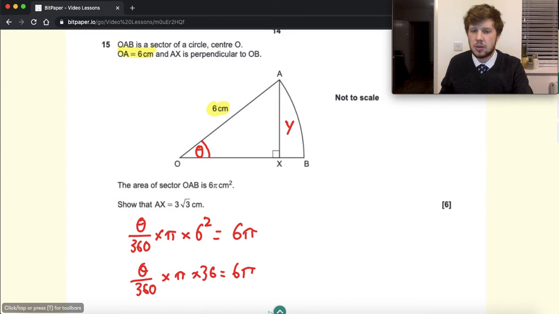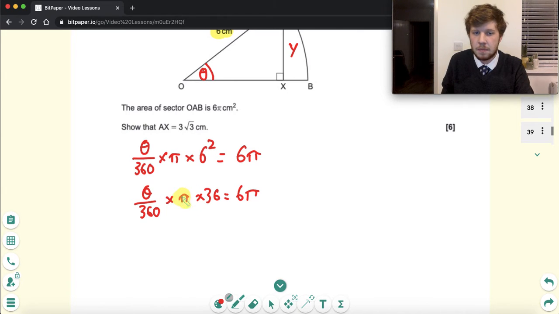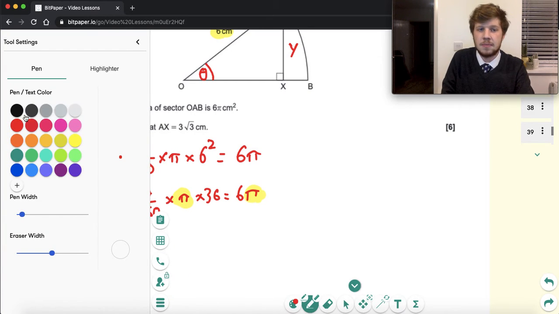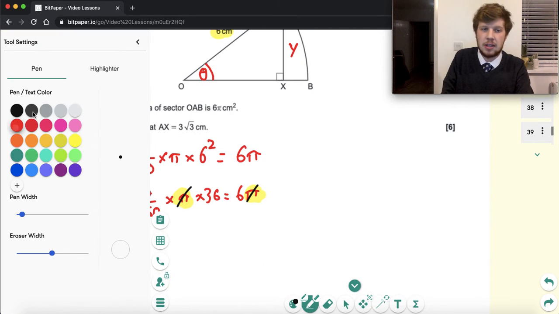And what I'm going to do just quickly is I notice that I have a pi symbol on both sides, so they're just going to cancel out nicely, so I don't have to worry about multiplying by pi, which will be tricky without a calculator.